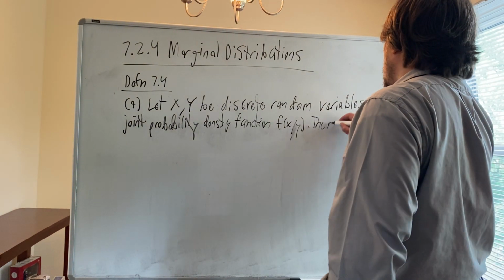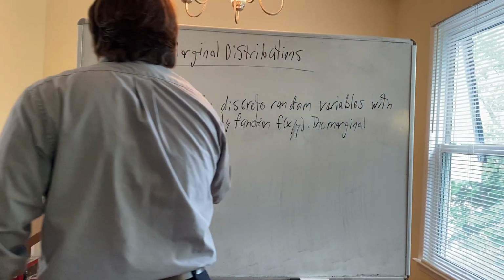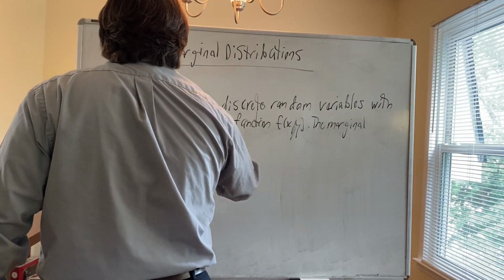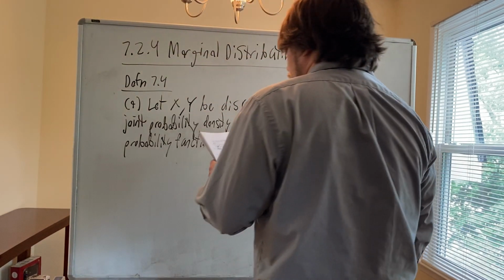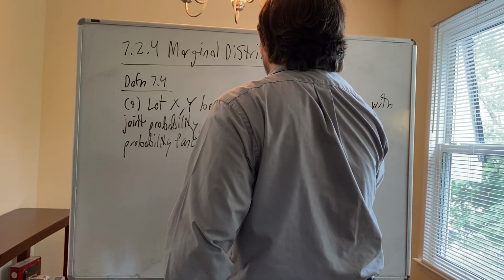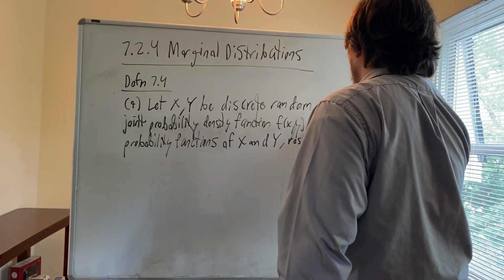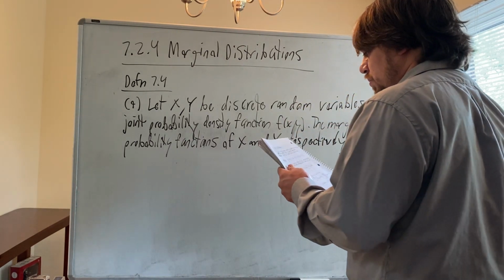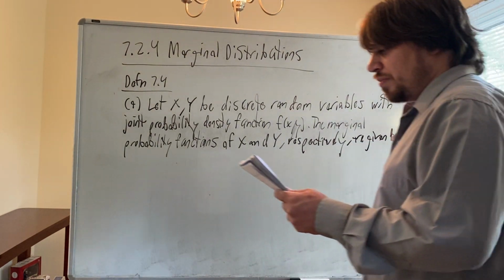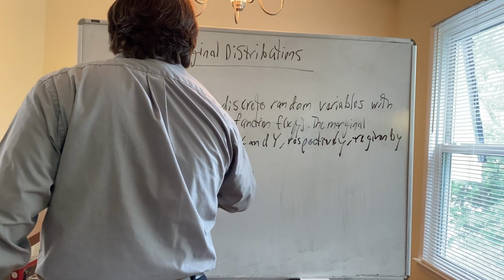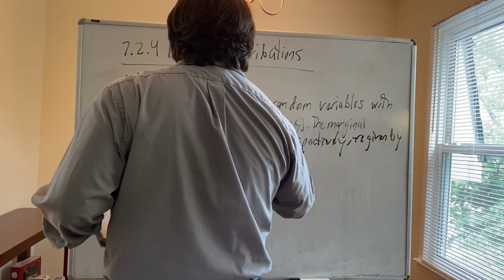The marginal probability functions of X and Y, respectively, are given by f sub X of x, which is equal to the sum over y of f of x comma y.